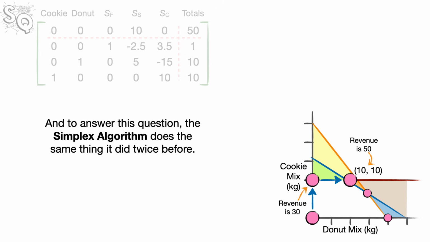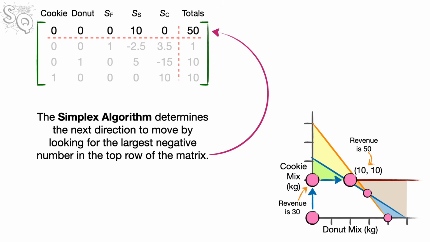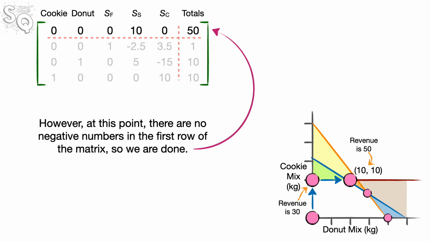And to answer this question, the simplex algorithm does the same thing it did twice before. The simplex algorithm determines the next direction to move by looking for the largest negative number in the top row of the matrix. However, at this point, there are no negative numbers in the first row of the matrix, so we are done.